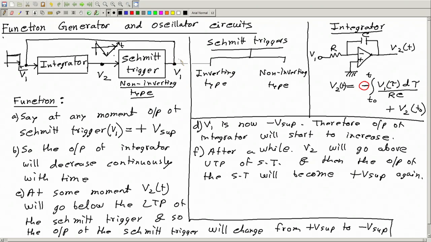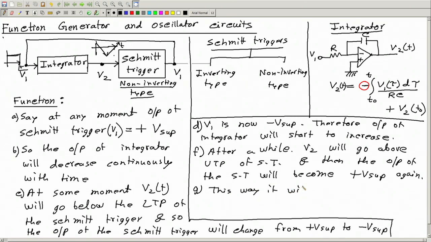So you see that this way the process will continue. If this is positive, it comes here. As a result, this voltage starts to drop, and after a while it goes below the lower trigger point. So the output of the Smith trigger becomes negative, and that negative value comes here. Then the voltage starts to increase, and after a while it will make the output positive, and this way it will cycle forever.